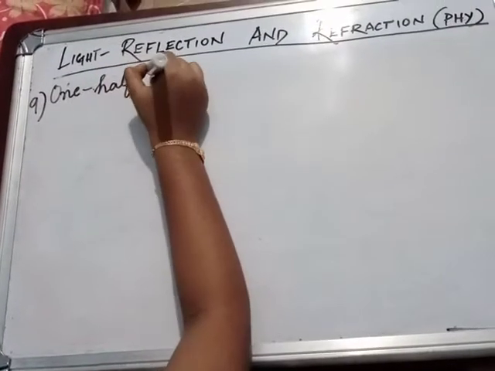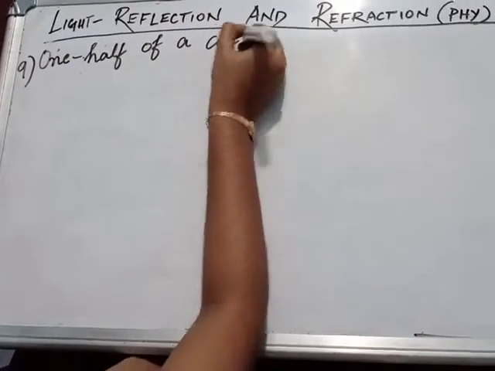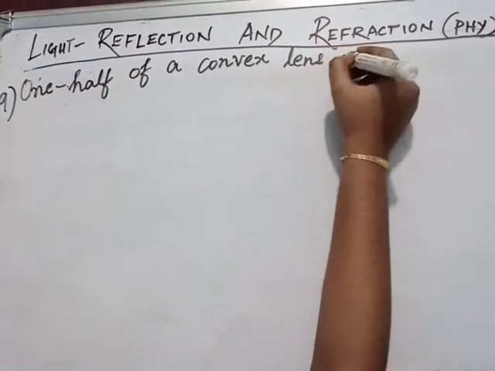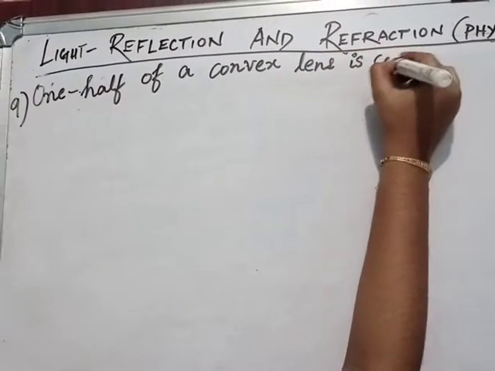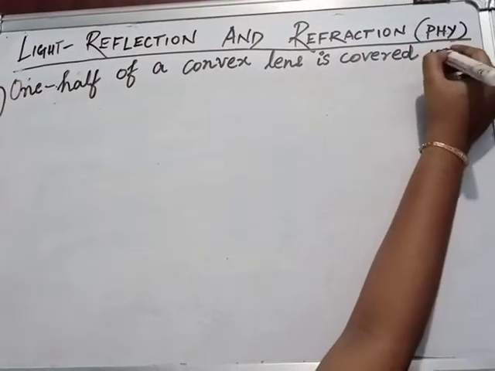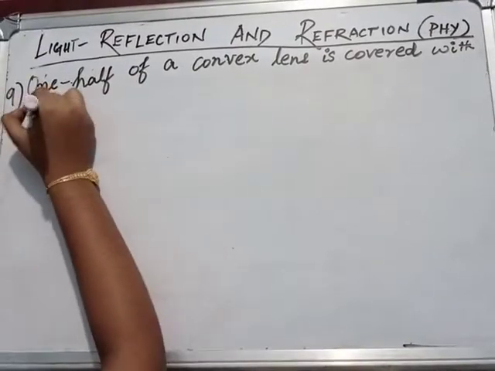The question is, 1/2 of a convex lens is covered with a black paper.